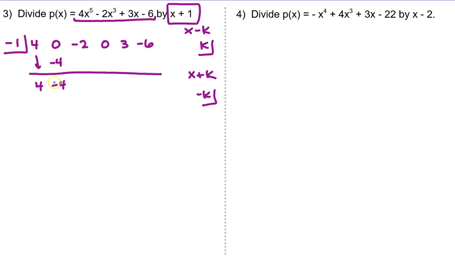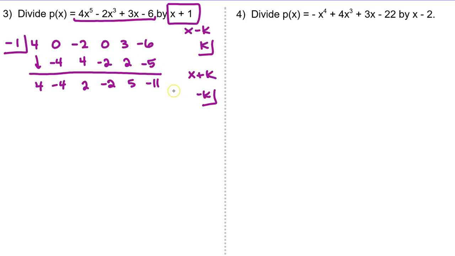Take this number, multiply it by the number in the box, you get 4, you write it down, and you add the column. Take that number, multiply it by the number in the box, write it down, and add the column. Repeat this for each remaining number, and when you can't go any further, you're done.